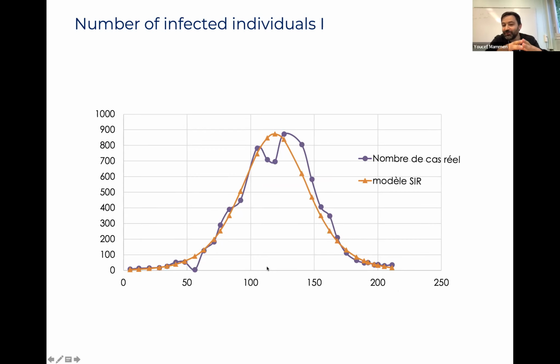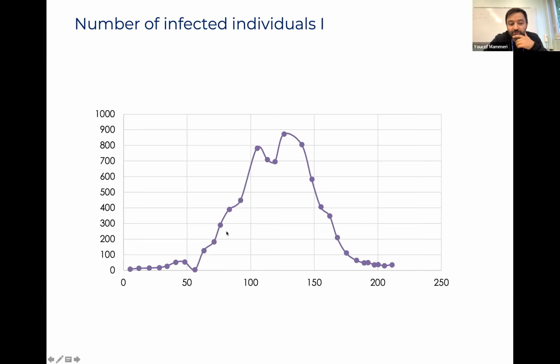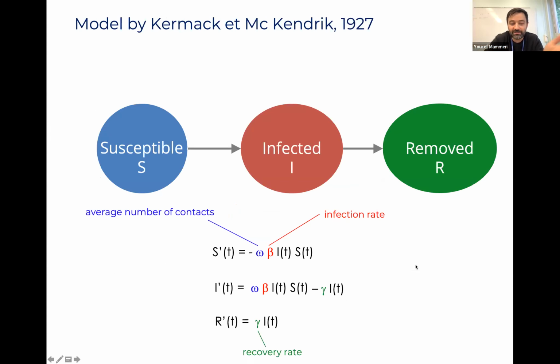But if you look in the paper, they are not exactly solving the system. They just say, what we want is a curve, a solution like a bell curve. They construct the solution looking like a bell curve, and then they show that indeed you can have a bell curve solution of this equation.